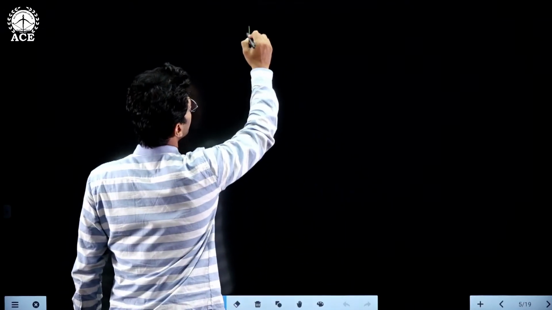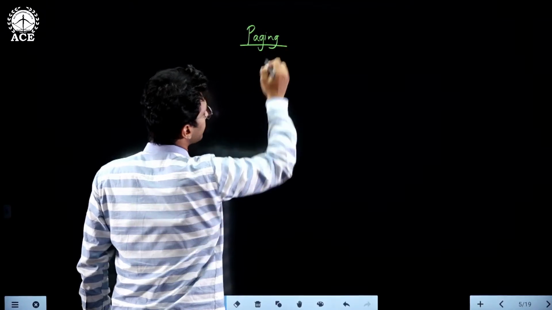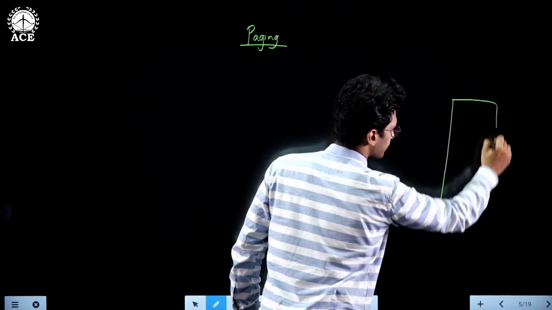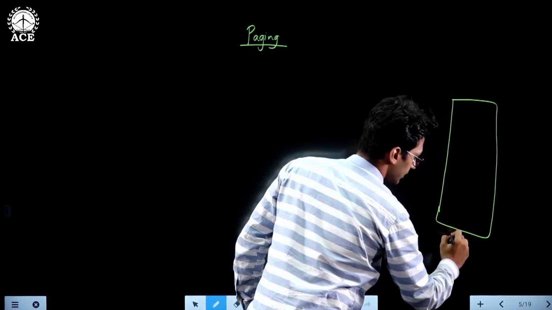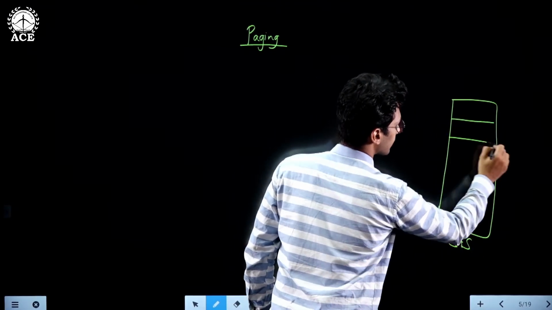Paging quick revision. Paging. What do you indicate by paging? See, I'll draw a diagram first and then tell you what paging means. So I told you about logical address space. This one is the logical address space, isn't it?